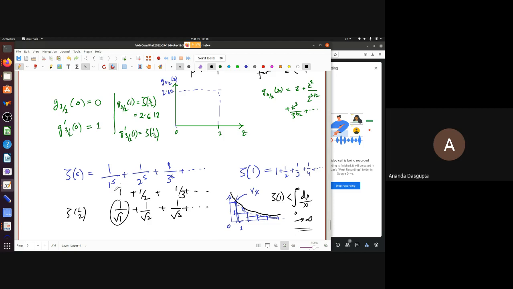This term is the same as this, right? What about this one? Compared to this term in zeta 1, which I know is infinite. I'm trying to compare this with zeta half. Now, if you look at the comparison, these two terms are equal. What about these two terms? Which one is bigger? The lower one or the upper one?